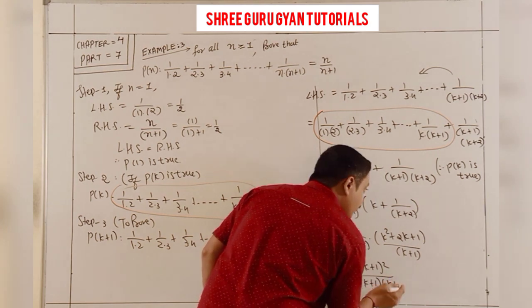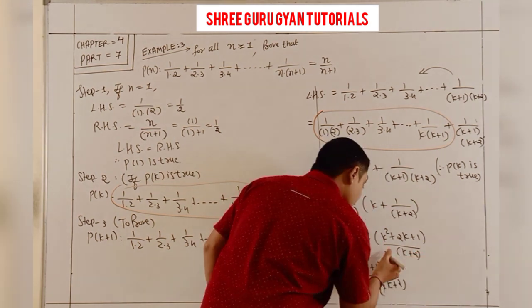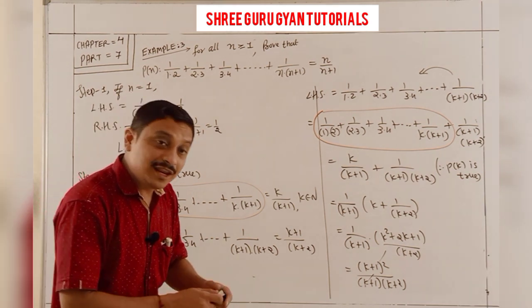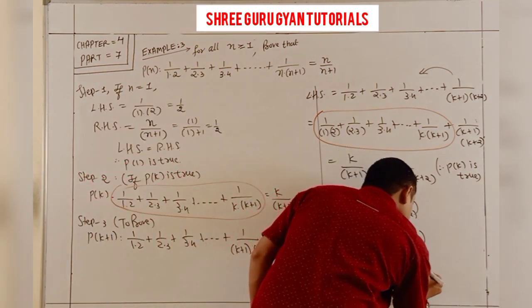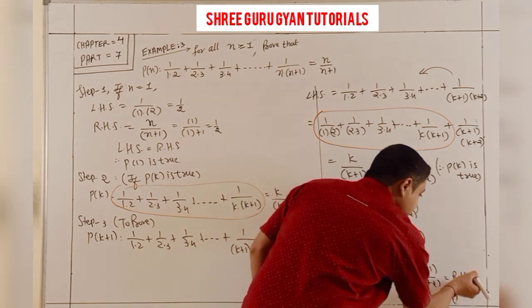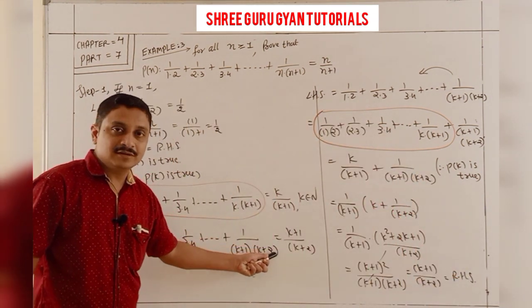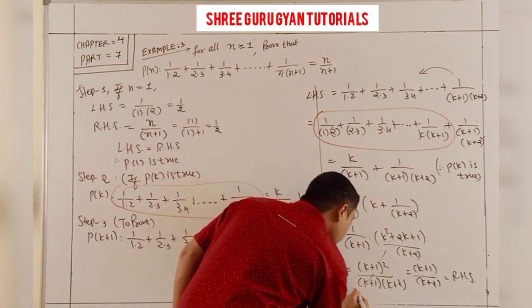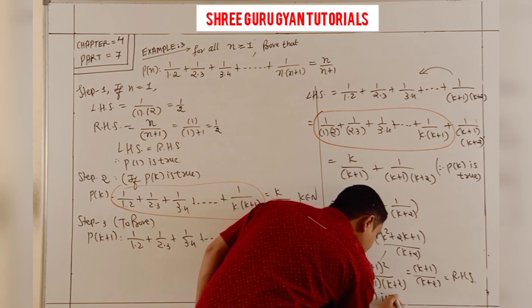Yes, definitely you can cancel one k plus 1. The remaining is k plus 1 upon k plus 2. That is your RHS. Check. Surely it is the RHS. And lastly, P of k plus 1 is true.